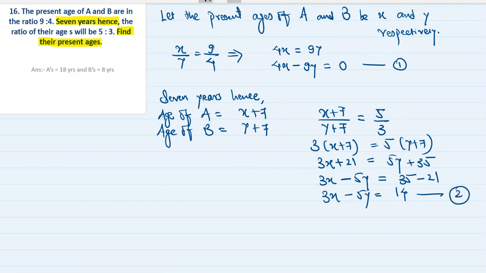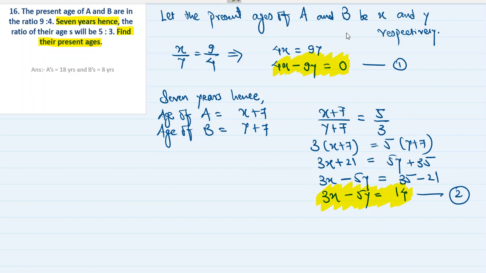So you've got equation number 1 and you've got equation number 2. I need you to pause the video, solve these two equations, and get the value of x and y. These values of x and y will be the present ages of A and B. Alright, so I think you're done.